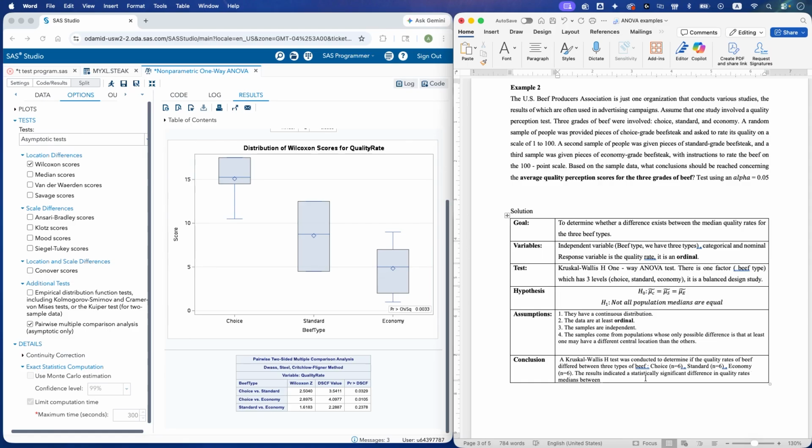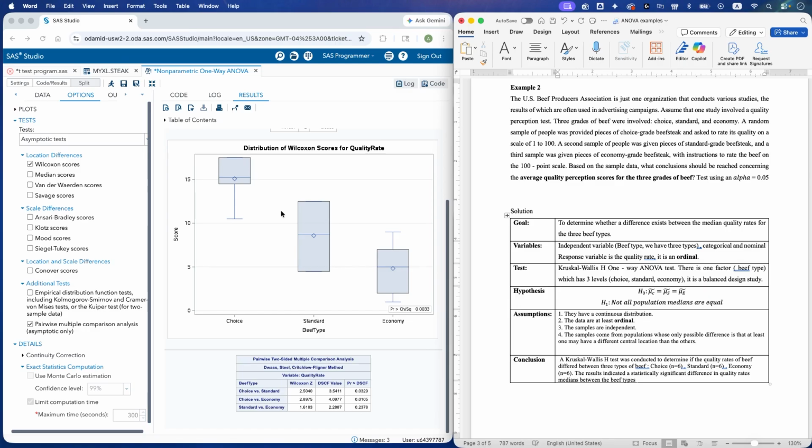between what and what? Between choice, actually between beef. First let's state the generic sentence, then we state the pairwise comparison. The difference in quality rates median between the beef types.